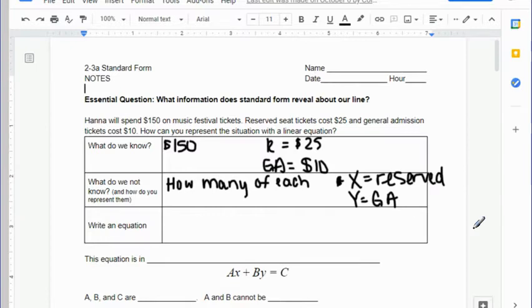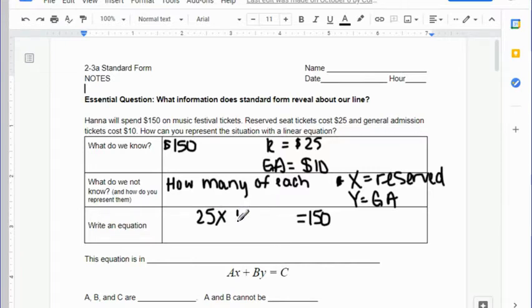So now we're going to write an equation. We know how much she spends. It tells us right at the beginning. We know it's going to equal $150. We just don't know how many of each. So we know that reserved tickets cost $25. And we know that we just said X stands for reserved. So 25X.